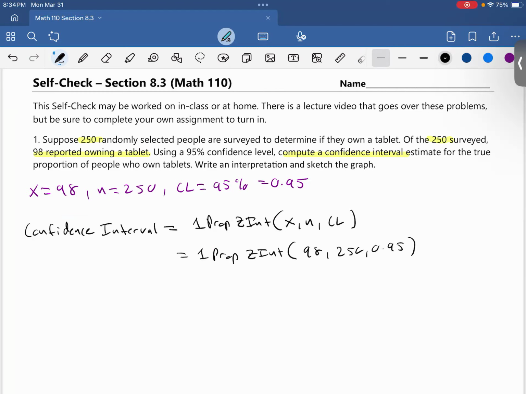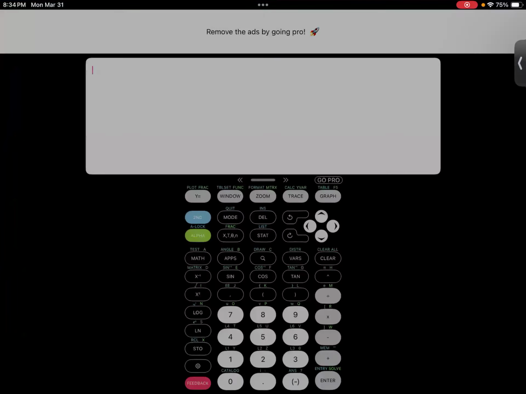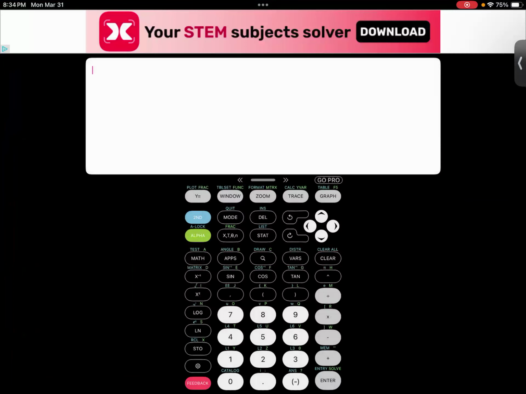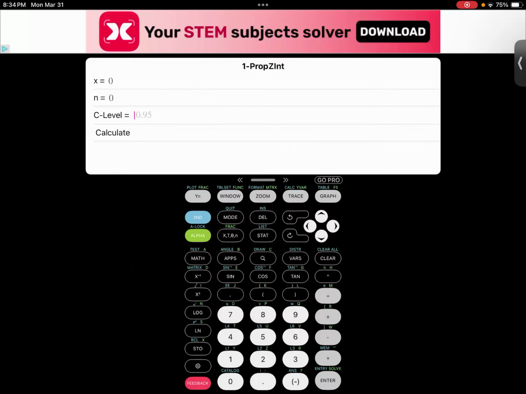Okay, so let's go ahead and go to our calculator and use our one prop Z interval. On the calculator, we go to stats, we go to tests, and we scroll down to option A, one prop Z interval. So our X was 98, our N was 250, and our confidence level was 0.95.